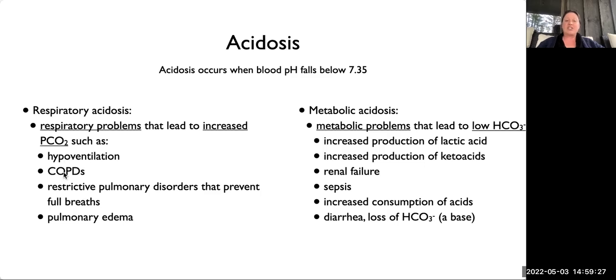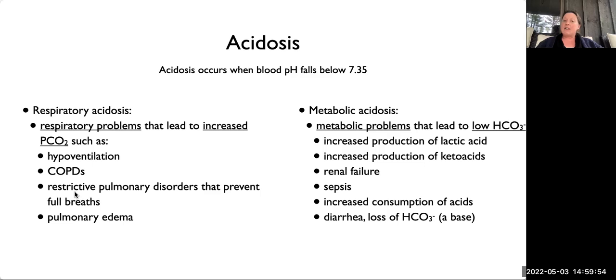So hypoventilation, COPDs, which you learned about in the respiratory system, chronic obstructive pulmonary disorders, these are things that reduce exchange or the diffusion of gases across the membrane. So if at the same time that we have trouble getting the oxygen in, we also have trouble getting the carbon dioxide out, it builds up in our body and causes acidosis.